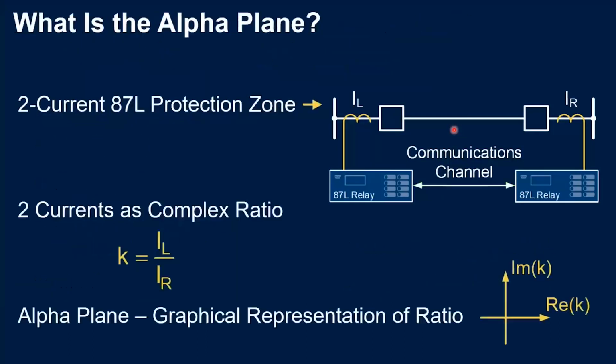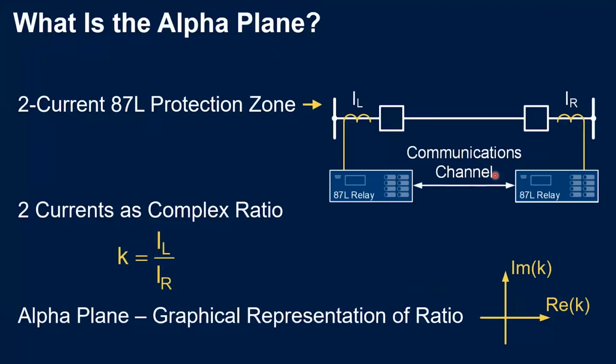So let's see. What is the alpha plane? Here we have the same scheme we were seeing before with the two relays and a communication channel. And the alpha plane is simply a way to draw an operation region.